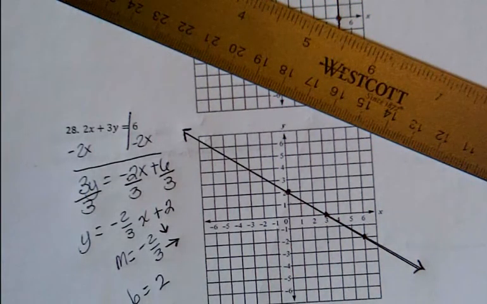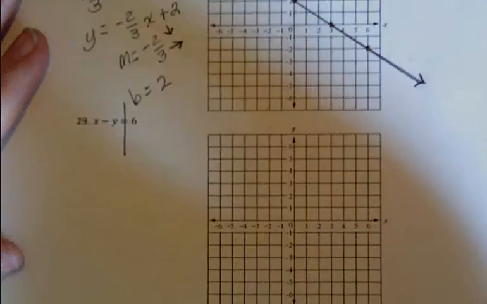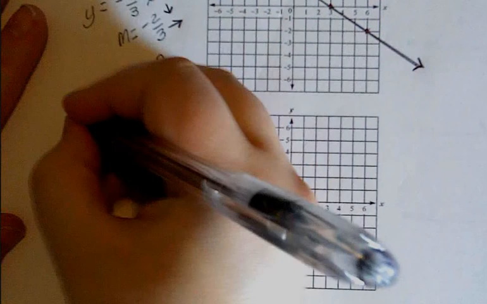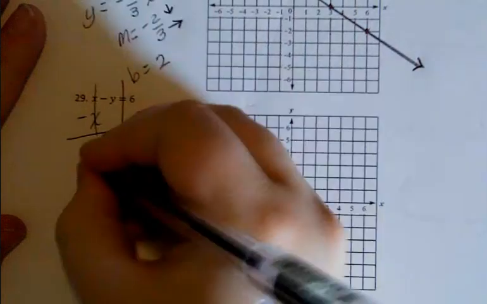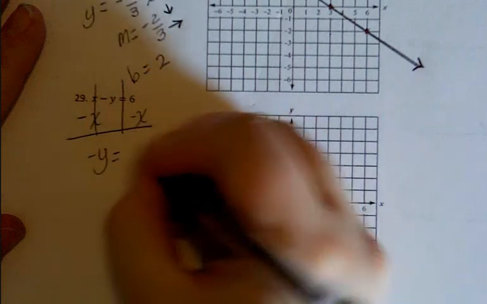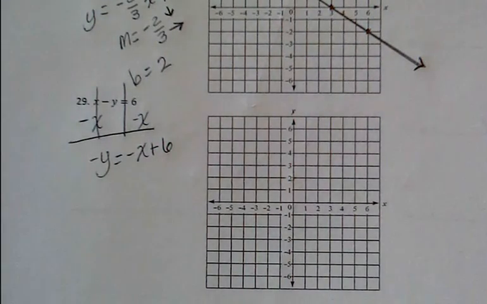Now in problem number 29, to get that y by itself, I'm going to subtract x from both sides to get negative y equals negative x plus 6. And then I have a negative 1y.